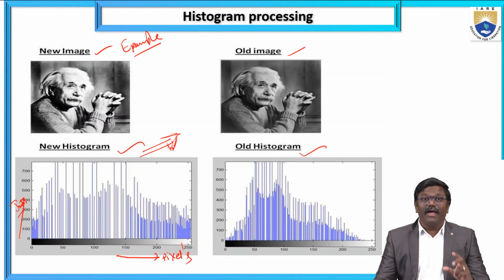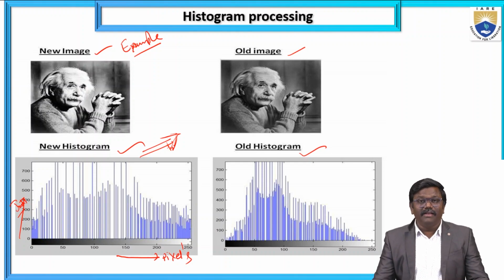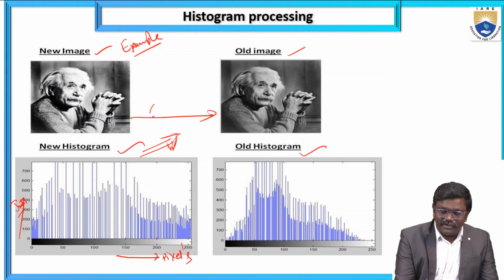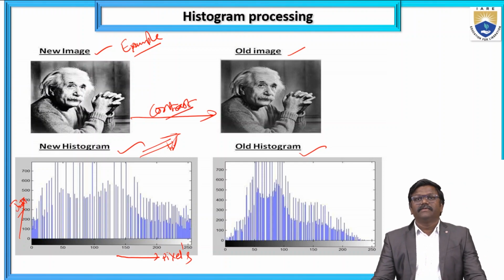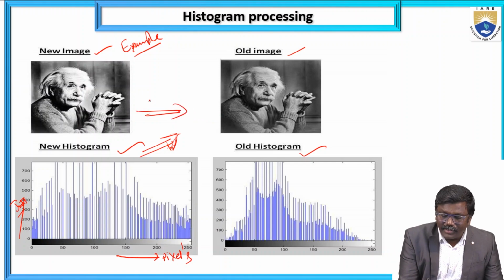Based on these variations and the visibility of the characteristics, we conclude and apply the histogram equalization method, because we want to improve the contrast. See here, your contrast is now improving, and the enhancement happens here.